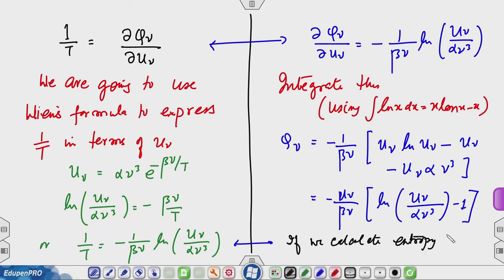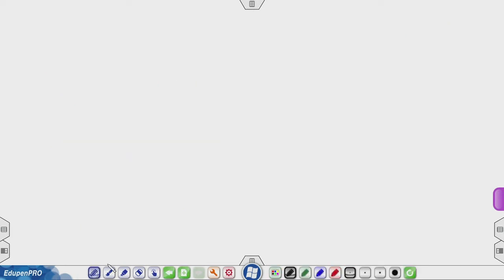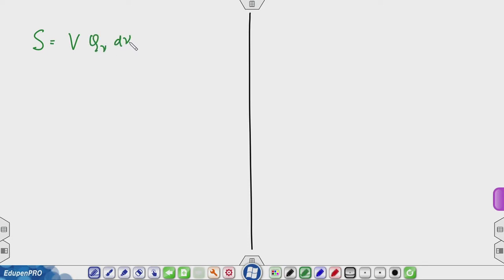So now, if we calculate entropy for radiation between nu and nu plus d nu in volume capital V, we are going to get S equals V phi nu d nu, which I can write as minus u nu d nu V, using the formula derived earlier, divided by beta nu, and inside I have log of u nu over alpha nu cubed minus 1.